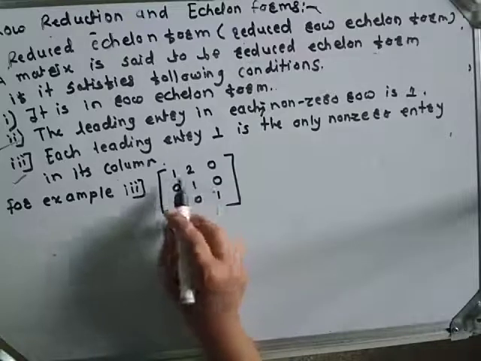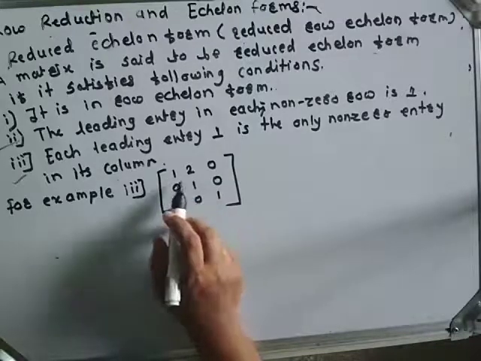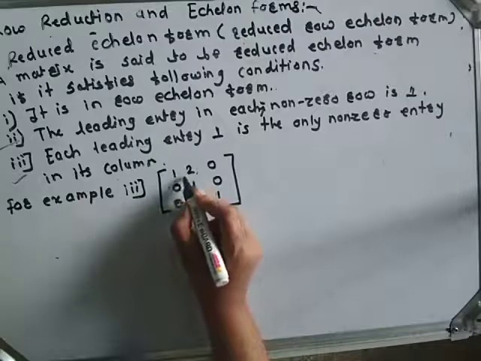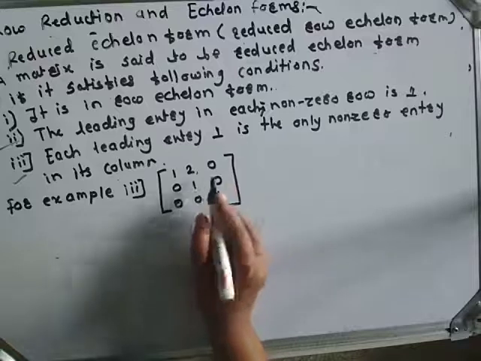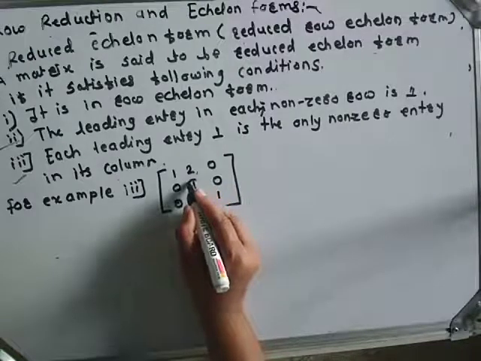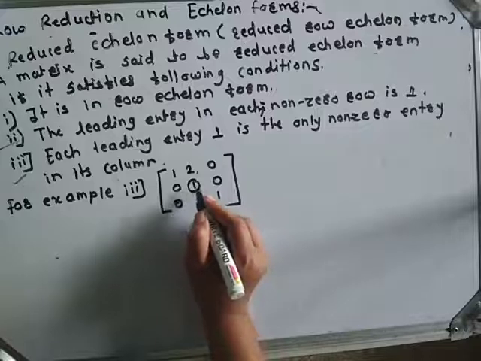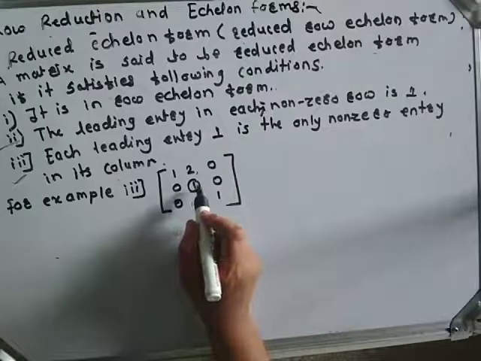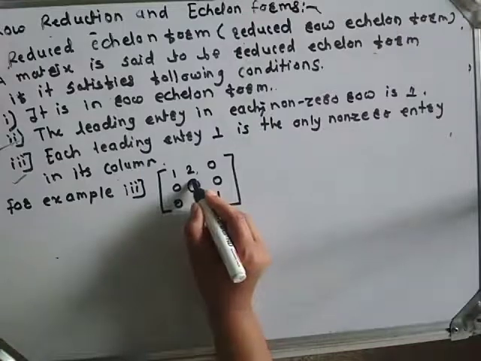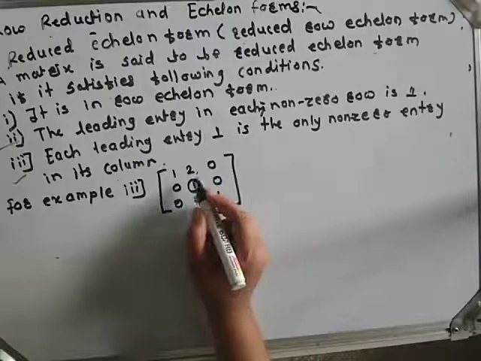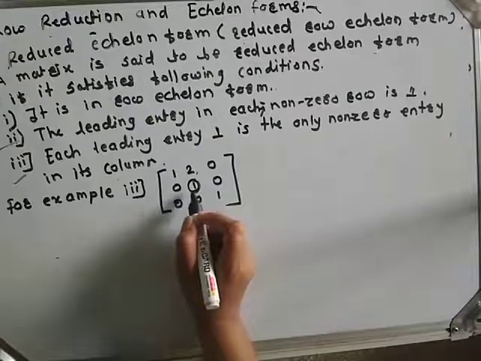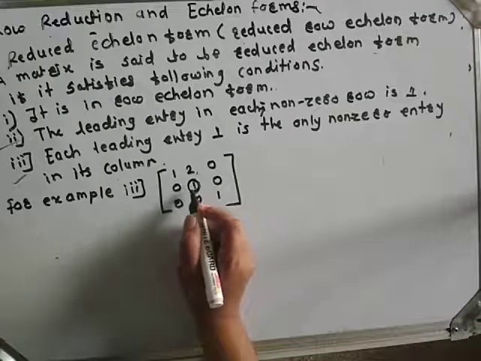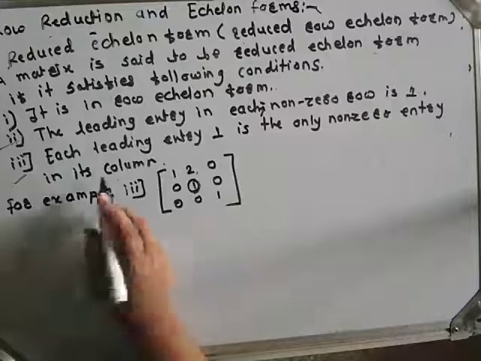Observe here, this matrix is in row echelon form, but this matrix is not in reduced row echelon form, because in second column this one is the leading entry, but leading one is not the only non-zero entry in its column.